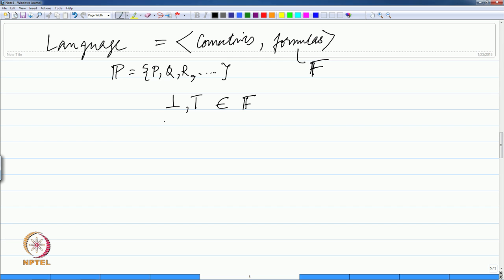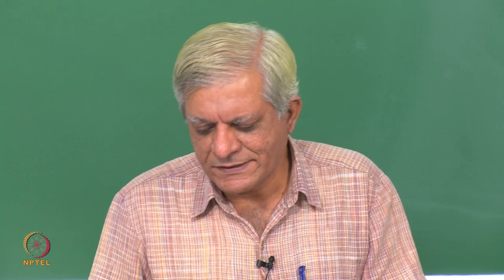Then, if anything belongs to the set of atomic formulas, then that thing belongs to the set of formulas. So, in other words, all atomic formulas are formulas, or all atomic symbols stand for formulas.